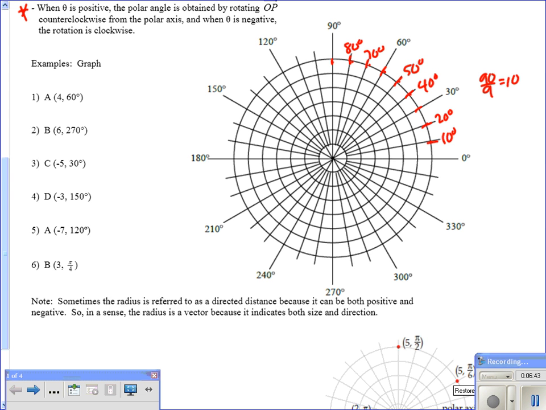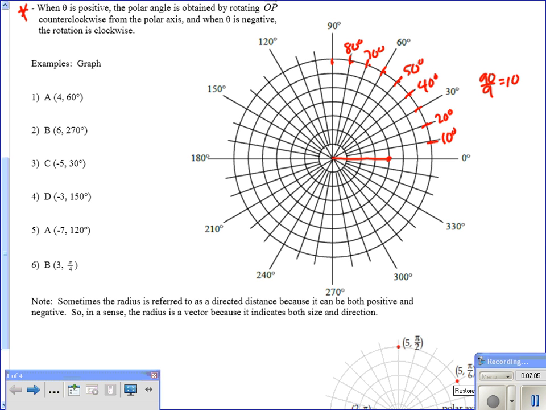Now, the first point that we want to graph is for 60 degrees. You can graph it if you want by finding the radius first and then the angle. I happen to find it's a lot easier to do the theta first and then graph what R is. So in this case, I know theta is 60 degrees. I have an R distance of 1, 2, 3, 4.